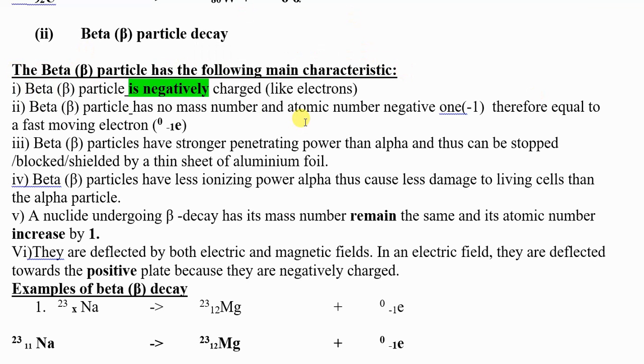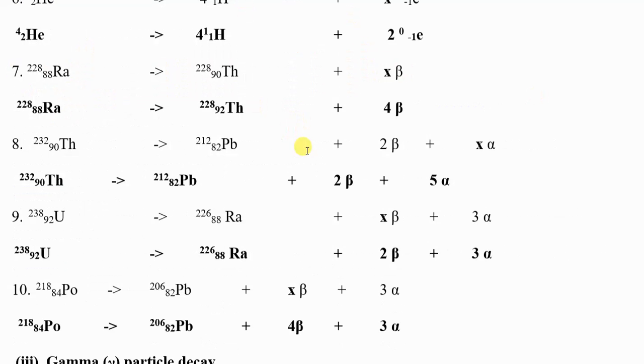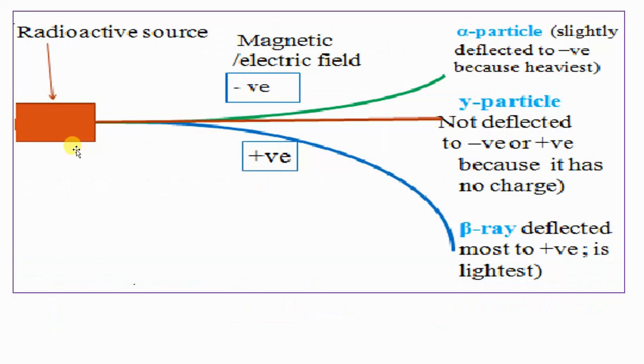So when we have a radioactive source with a positive and a negative plate, beta being negatively charged, it will be deflected towards the positive.